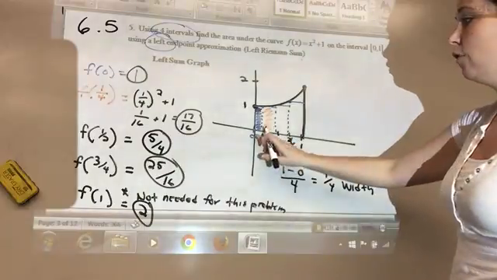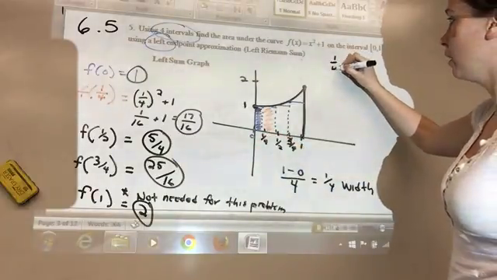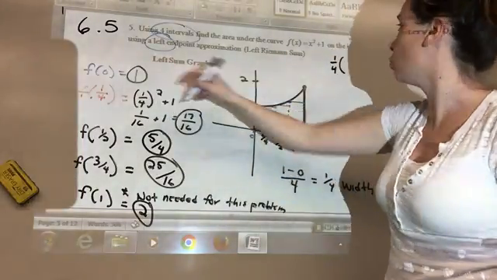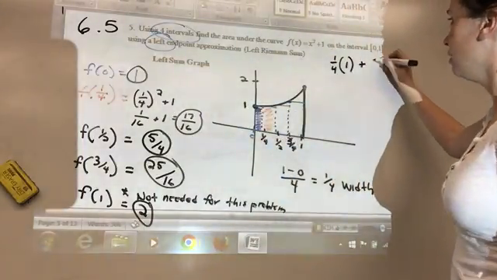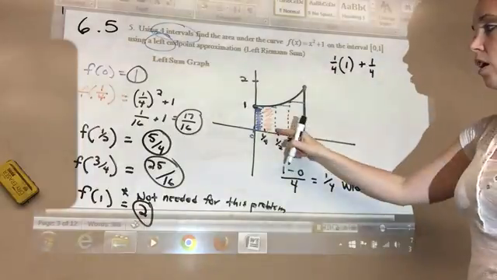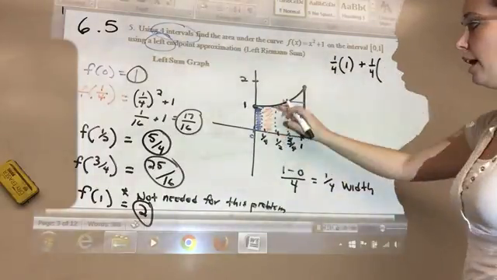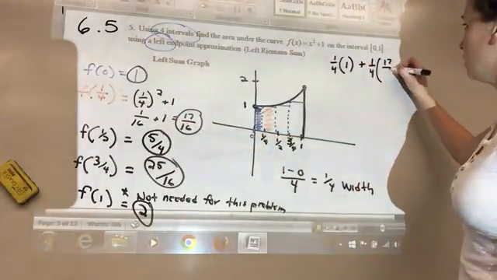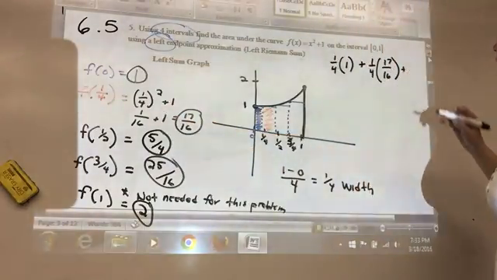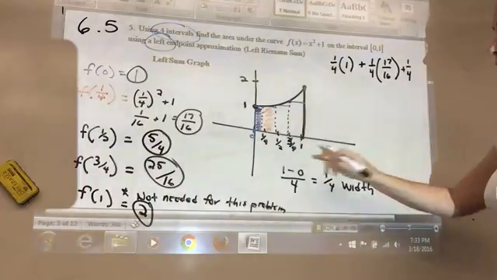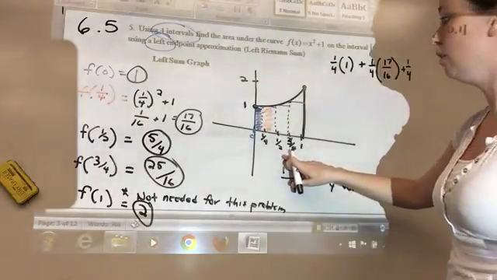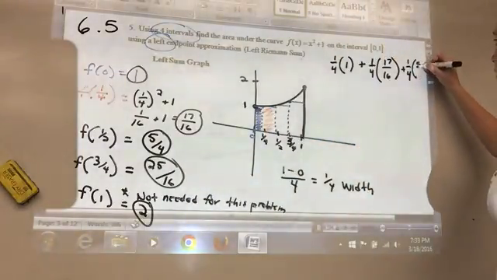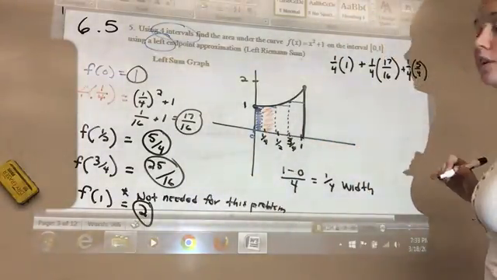Let's see, we would have 1/4 wide times the height, which f of 0 is 1, plus 1/4 wide for my orange one, times the height, which f of 1/4, we got 17/16, plus 1/4 for our third rectangle, times the height of the left-hand side, which was 5/4, and I'm running out of space for you to see.